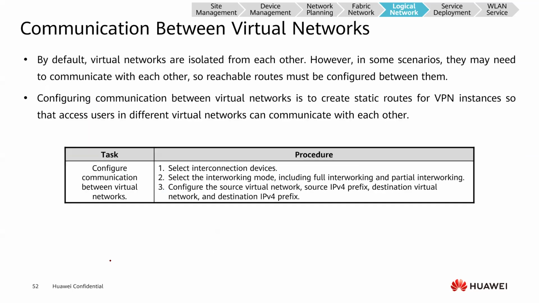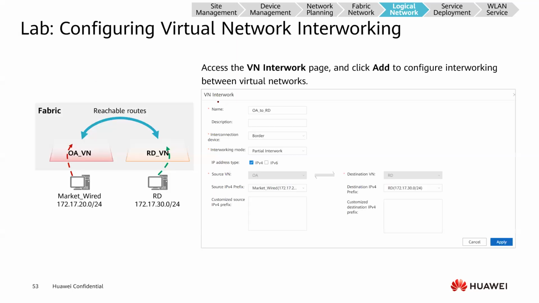Okay, if you have the requirement for two security groups in different VNs to communicate with each other, you also need to consider the communication between the VNs. And for the interconnection of the VNs, there are two modes. One is partial interworking.